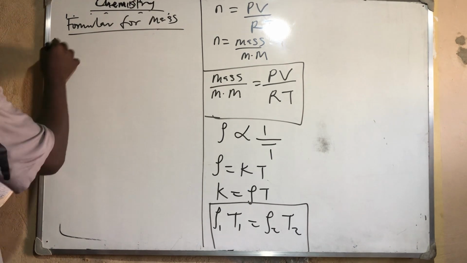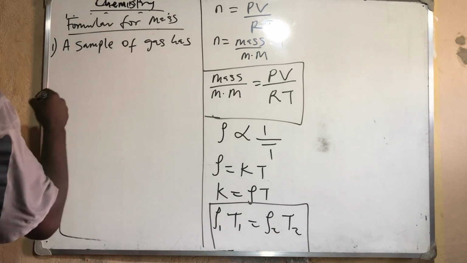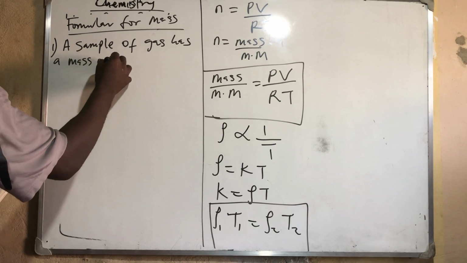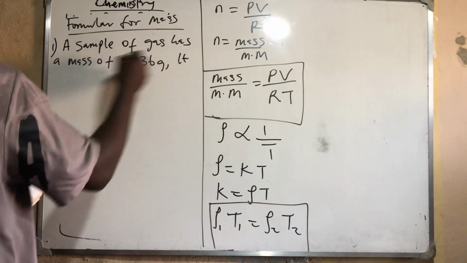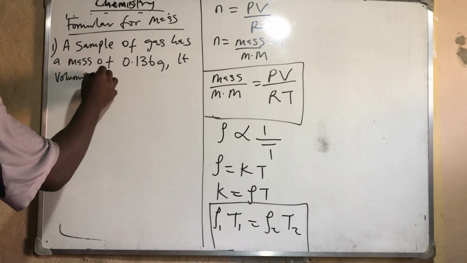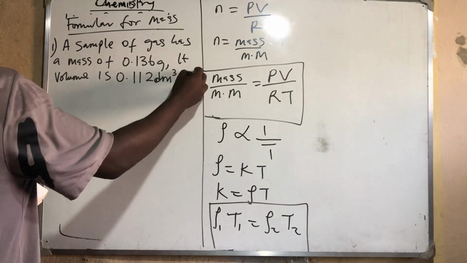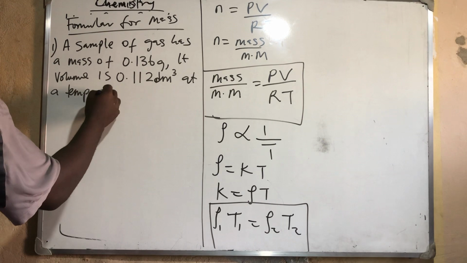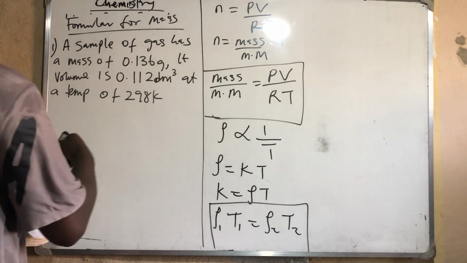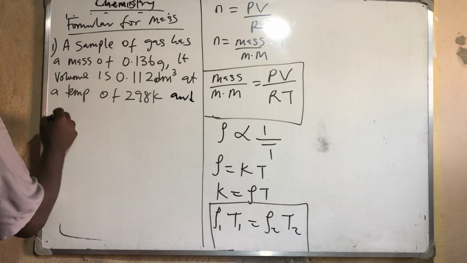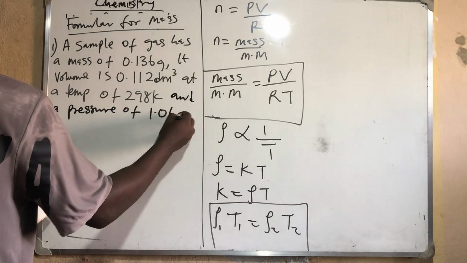The first question, number 1, said a sample of gas has a mass of 0.136 gram, its volume is 0.112 dm cube, at a temperature of 298 Kelvin and a pressure of 1.06 atm.